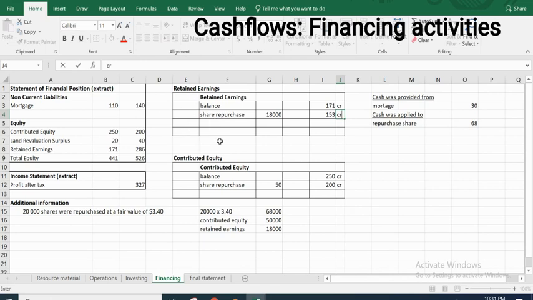Now, retained earnings represents our accumulated profit. So at the end of the year, that is where our profit after tax goes. Our profit after tax this year is $327. That gives us $480. Now, we know our closing balance for retained earnings is $286.